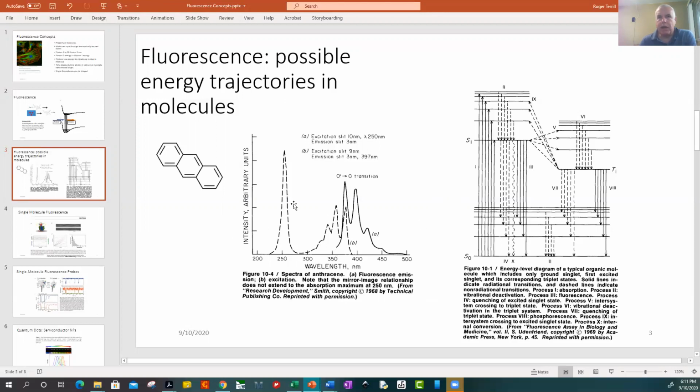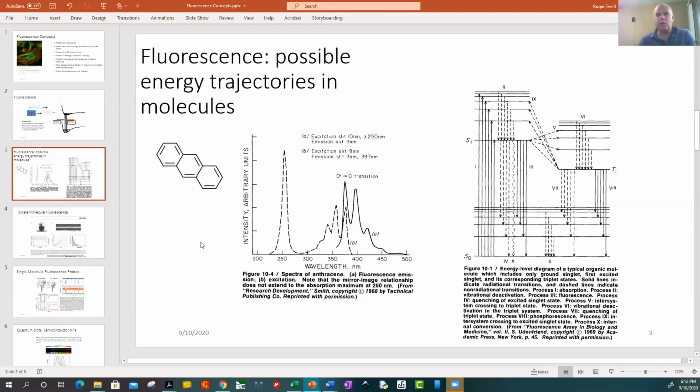So to properly characterize anthracene, you would have at least 3 electronic states, right? 1 ground, an S1, and an S2. And so in order to see this excitation peak, we would set the emission right around here, around 397 in this case, around 400 nanometers, right?